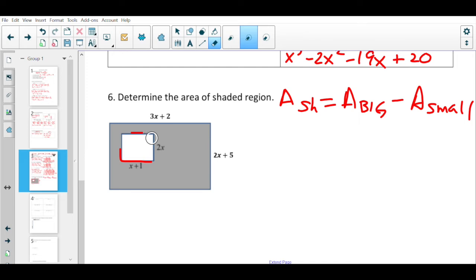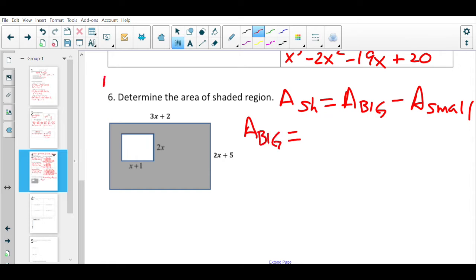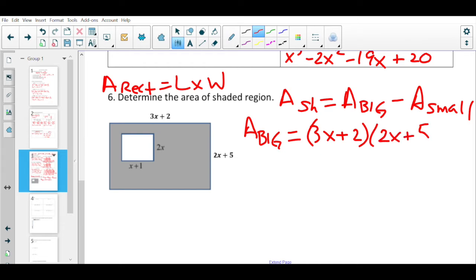So what is the area of a rectangle? Let's start with the area of the big rectangle. We know in general the area of a rectangle equals length times width. Okay, so area of the big rectangle, what's the length and what's the width? The length is 3x plus 2, and the width is 2x plus 5.